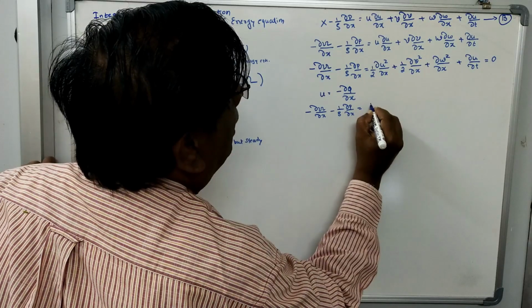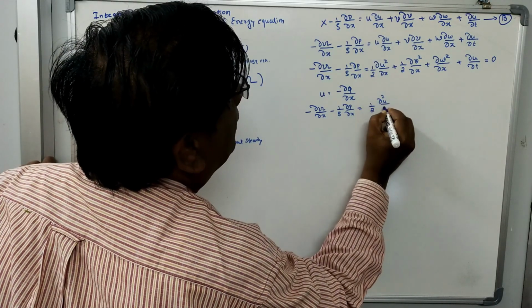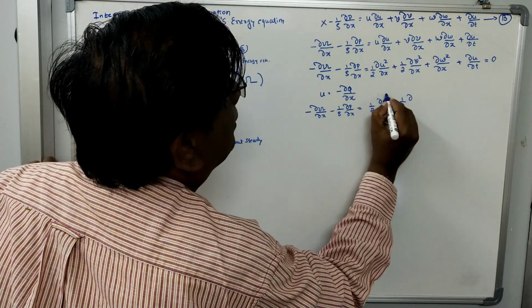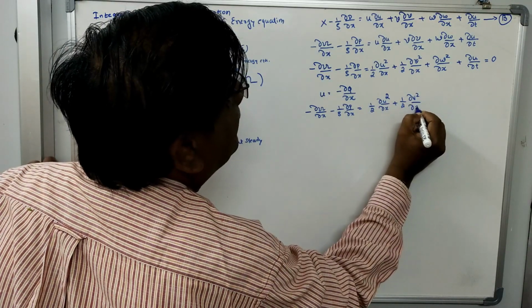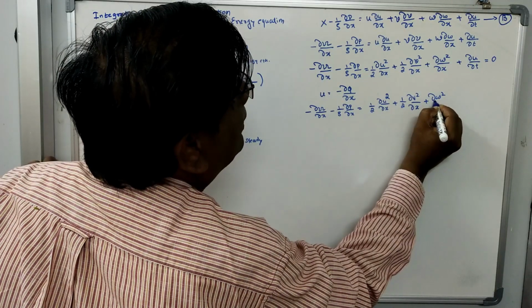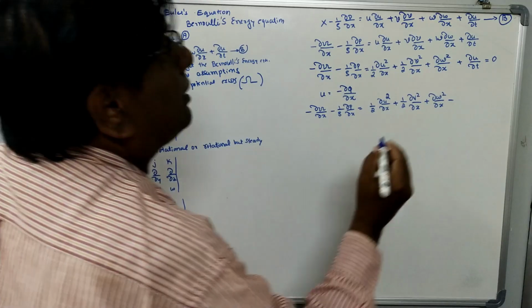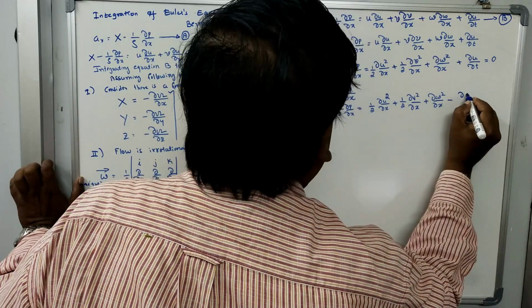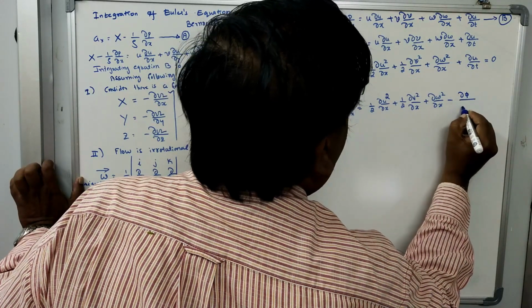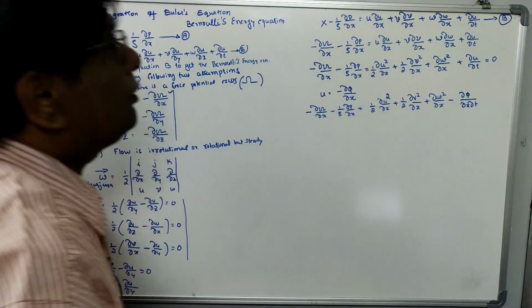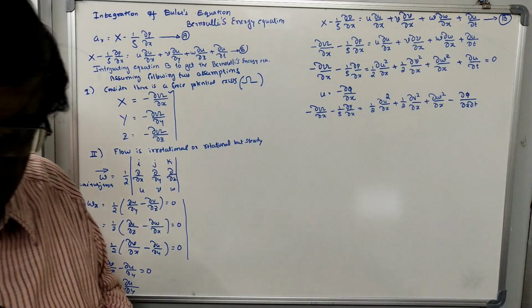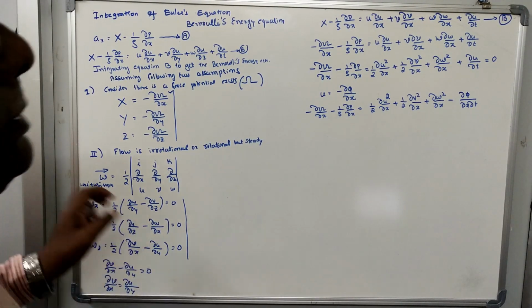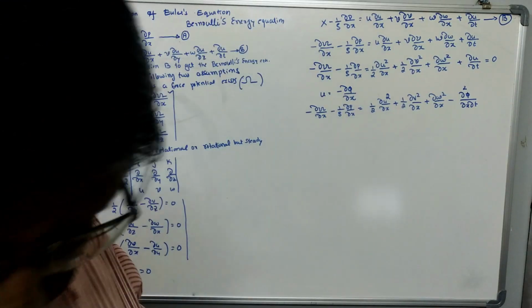This is equal to half ∂u²/∂x plus half ∂v²/∂x plus ∂w²/∂x minus ∂/∂x of ∂phi/∂t, because u is equal to, I am substituting, ∂²phi/∂x∂t.